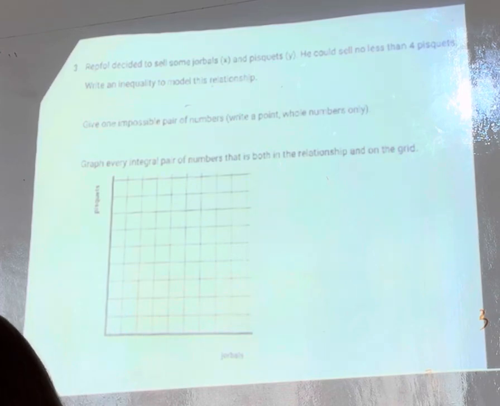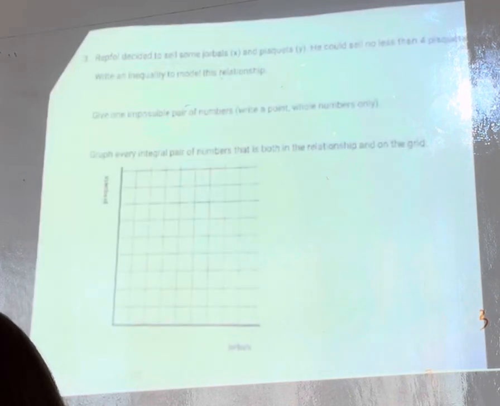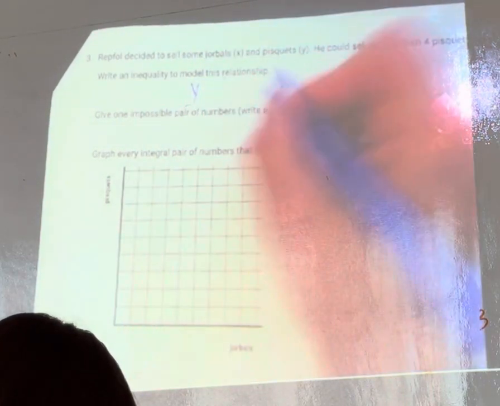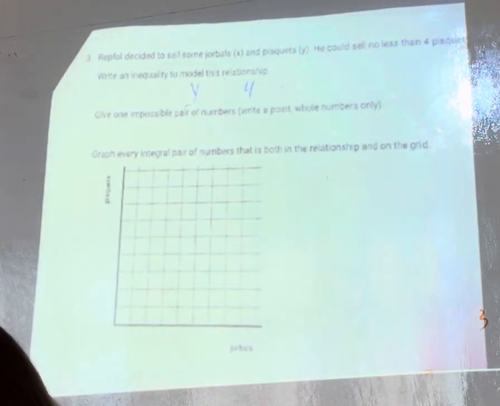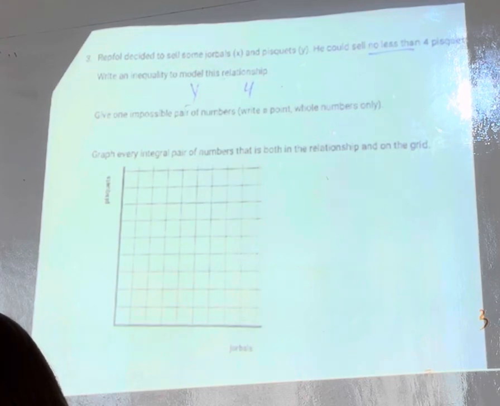So no less than, it's going to be Y and 4. So no less than is not less than, it's what? Caleb, what'd you get? So what is no less than?